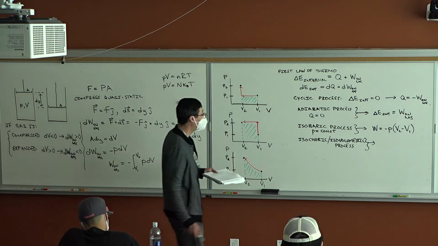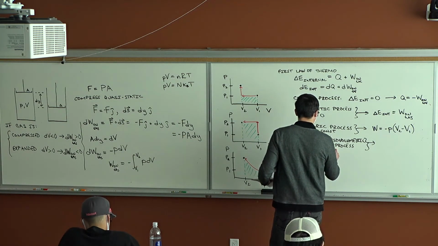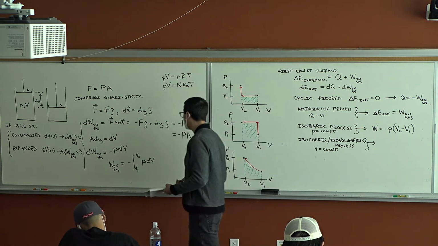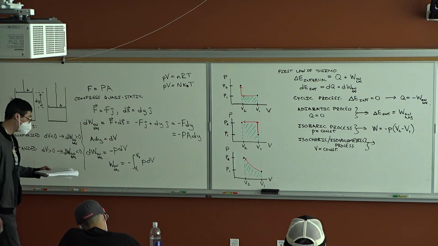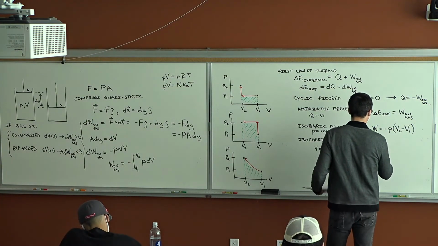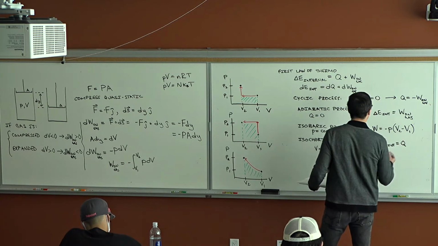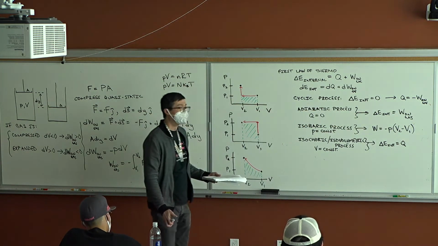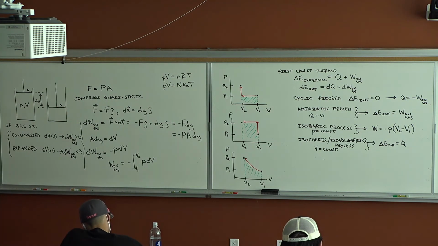Volume is. If V is held fixed, what happens? Work is 0. And so what does that say about the first law? Delta E internal is just equal to Q. So far, so good.